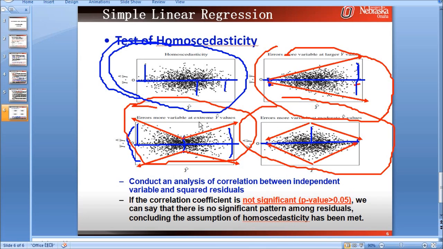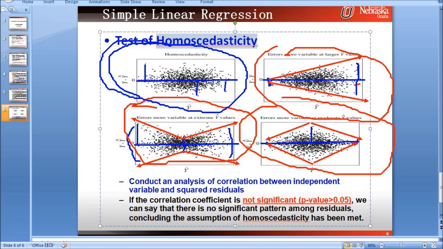So to make sure, to test the assumption of homoscedasticity, we conduct an analysis of correlation between independent variable and squared residuals. Squared estimation errors. Residuals are estimation errors, right?